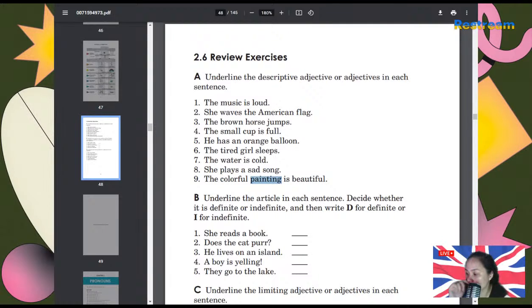Okay, very good. Then its adjective is colorful. Okay, so that is for the test A. That is for the descriptive adjective, identifying the descriptive adjective.